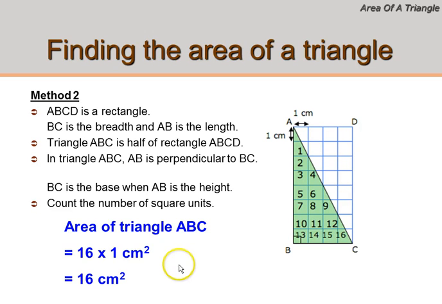Now let's take a look. The area of triangle ABC is 16 squares, and each square is a cm squared. You times 16 and the area is 16 cm square.